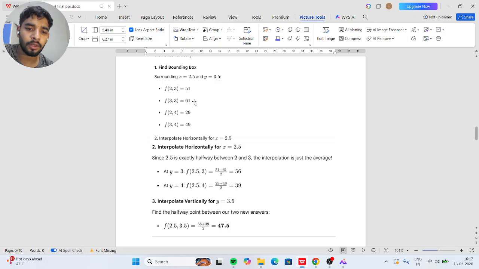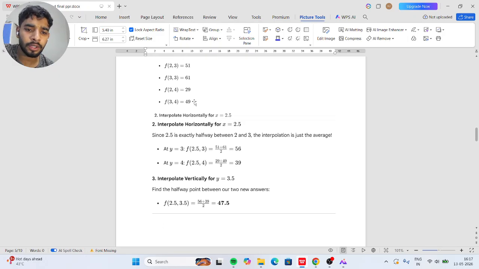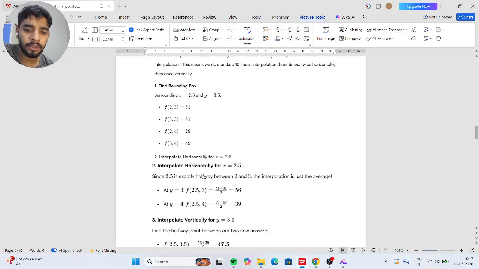So we will write them all and interpolate them horizontally. We will first find f(2.5,3) and f(2.5,4). 2.5 comma 3 lies between f(2,3) and f(3,3), so we take these two values, divide by 2 and take their average.